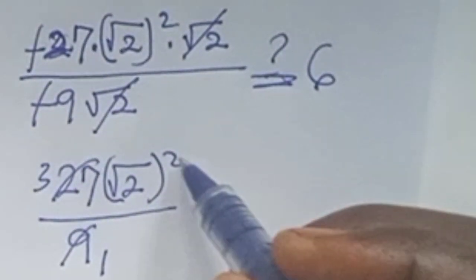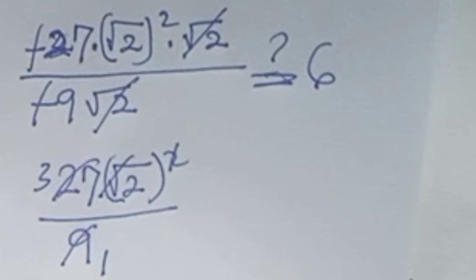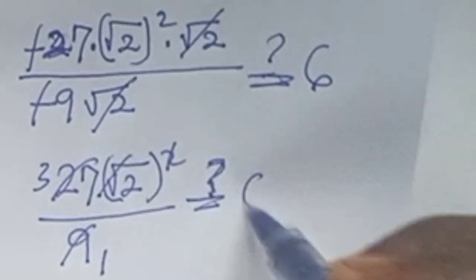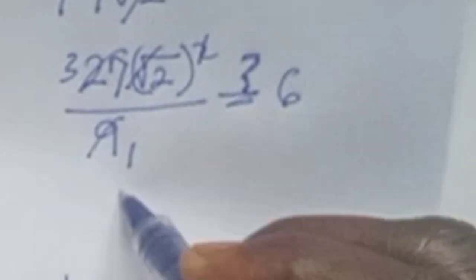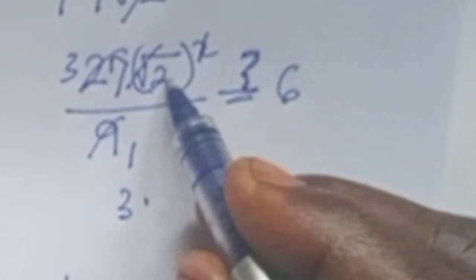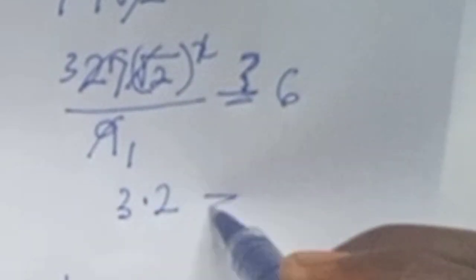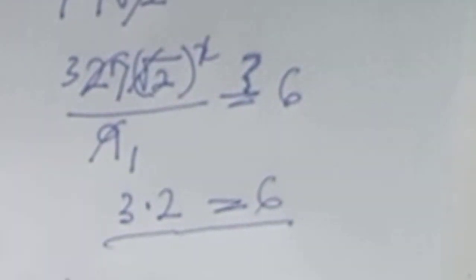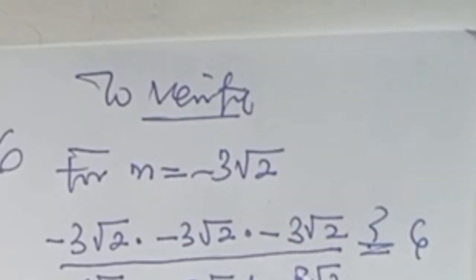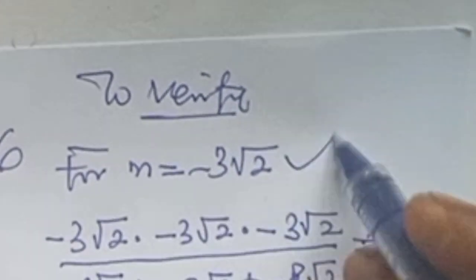And here, the 2 cancels out the square root. So what is left is 3 times 2. Obviously, 3 times 2 is 6. So it's true. The value of m equals minus 3 square root of 2 is correct.